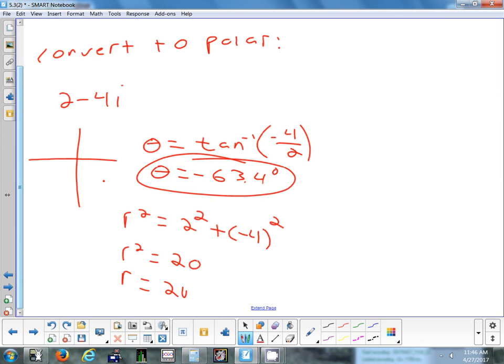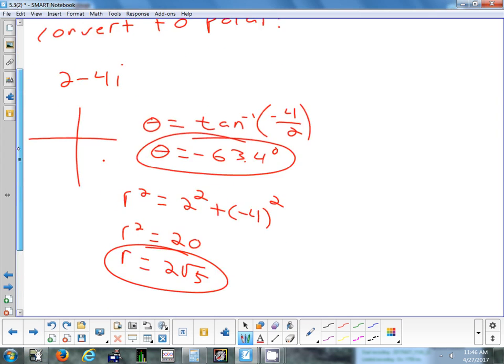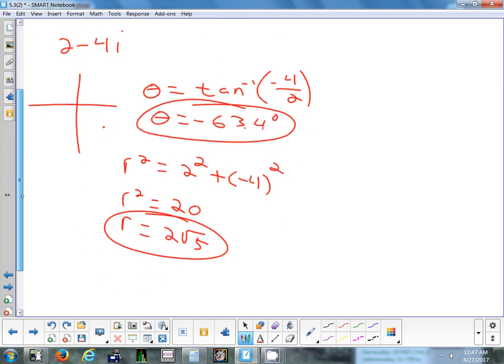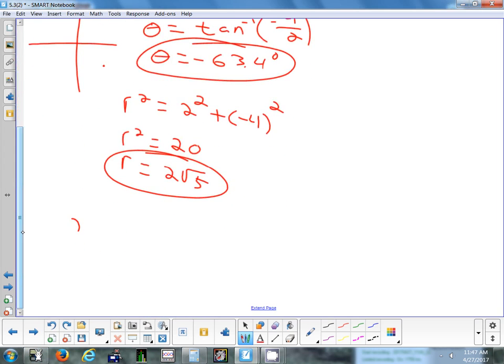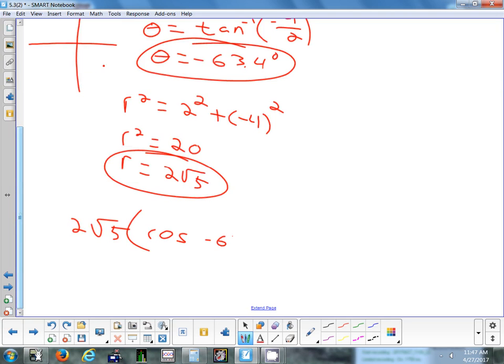Yep. So we have our radius, we have our angle, so now we just have to fill into the r cosine theta plus i sine theta. That's r, cosine -63.4, plus i sine -63.4.